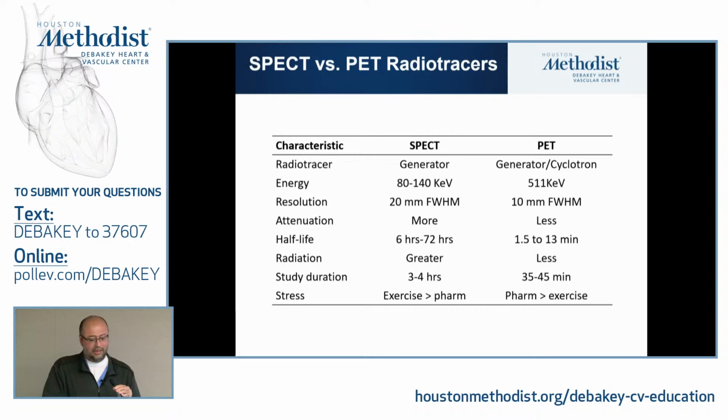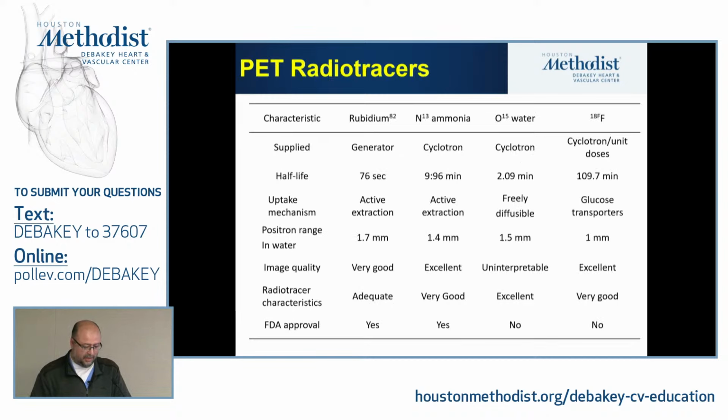Right now, for the currently available radiopharmaceuticals in the US, we have many of them here. The first two are the ones approved by the FDA, which are rubidium and ammonia. They both have a very short half-life, so exercise is impossible with rubidium.